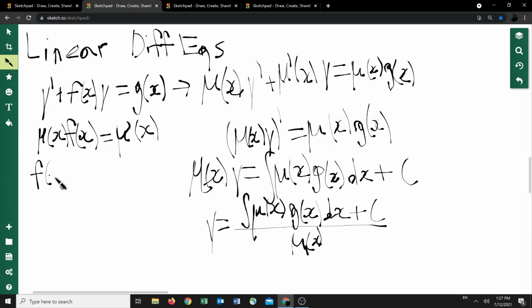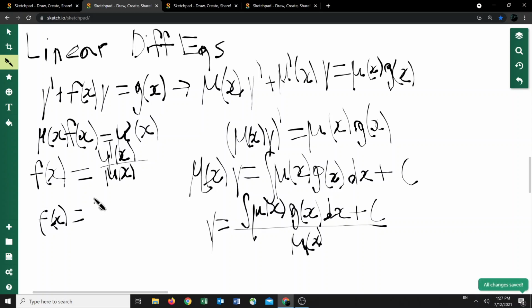So we have f of x equals mu prime of x over mu of x. But notice that this is actually just the derivative of the natural log of the absolute value of mu of x.